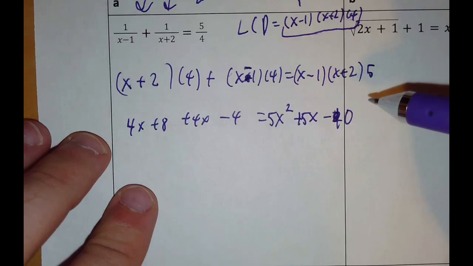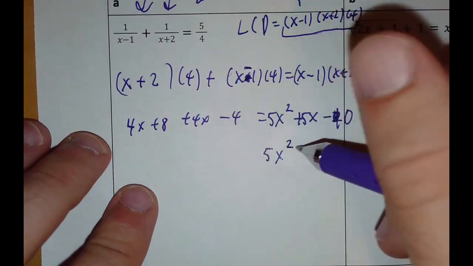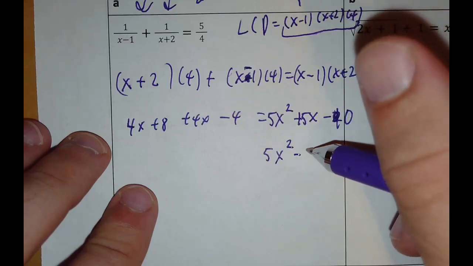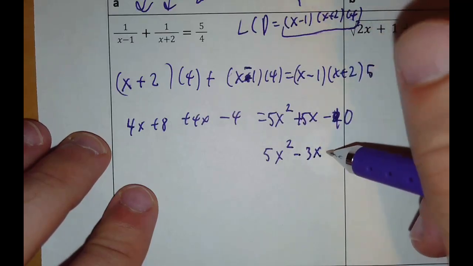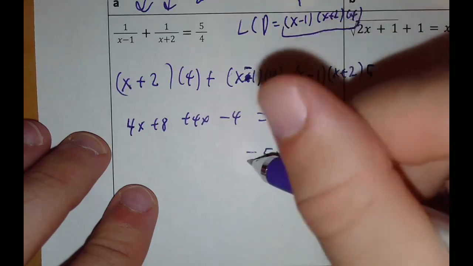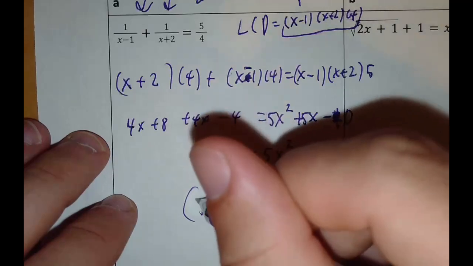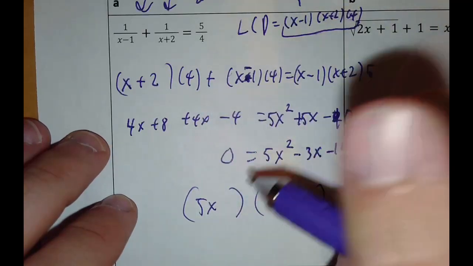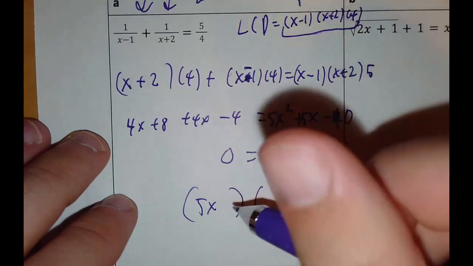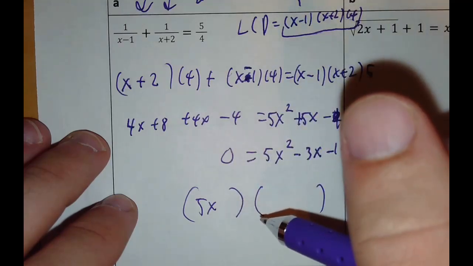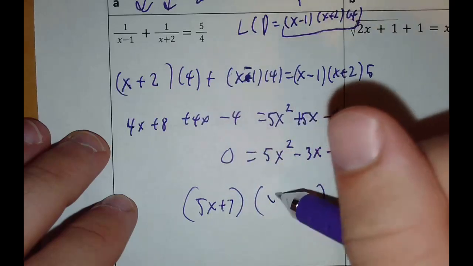Where you distribute things, it should end up with 5x squared minus 3x minus 14. And then when you factor that, I believe this is 5x plus 7 and x minus 2.